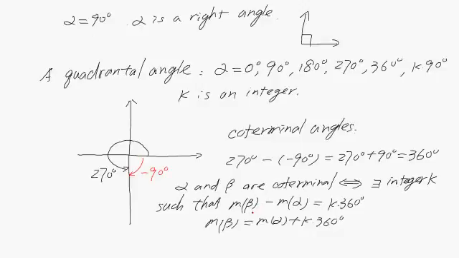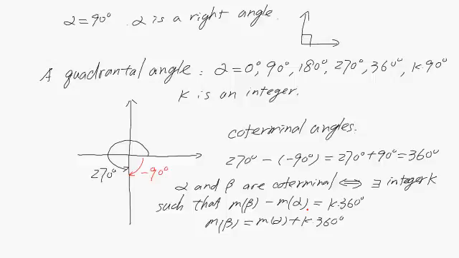See, if the two angles are coterminal, then their difference of the measures must be equal to an integral multiple of the 360 degrees. So that means when we just plug in the measures of these two angles into this equation, in such a way, we set up an equation in the unknown k.